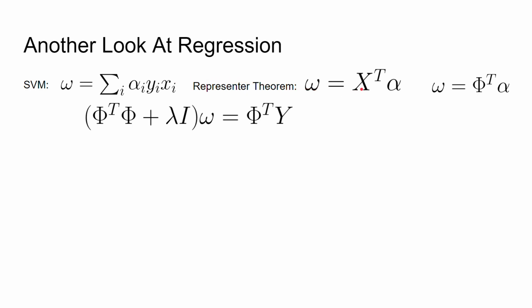We call this the representer theorem. It crops up in lots of places. It's not that surprising. Let's say x is two-dimensional. If I have 50 different points in a two-dimensional space, yes, I can do a weighted sum of those 50 points to get any point in that space. That's not a surprise.